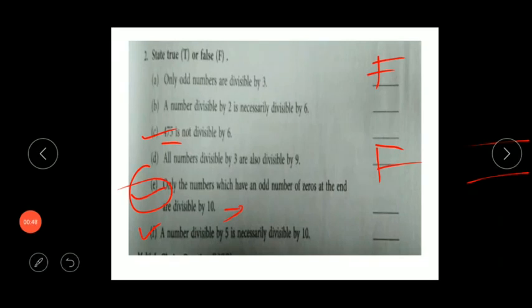So this statement is also false, because if we consider 25, 5 can divide 25, but 10 cannot divide 25. So the statement is false. Okay student, so the two questions, number E and number C, will be an assignment.